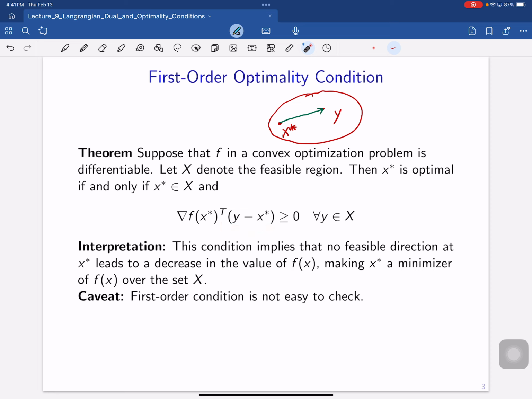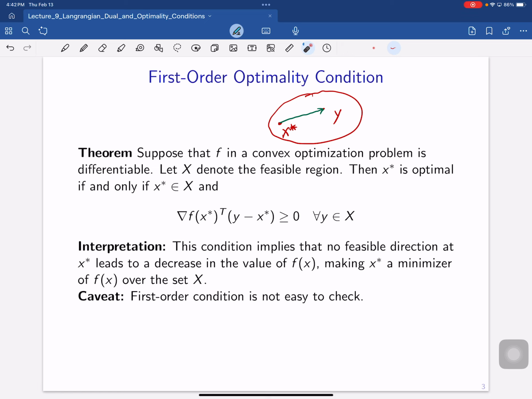This direction has a greater than or equal to 0 product with the gradient of the objective at x star. That means no matter which feasible direction you move within this convex set, it will increase the function. That means x star is the minimum. That's the intuitive way, not really the rigorous way, of interpreting it.